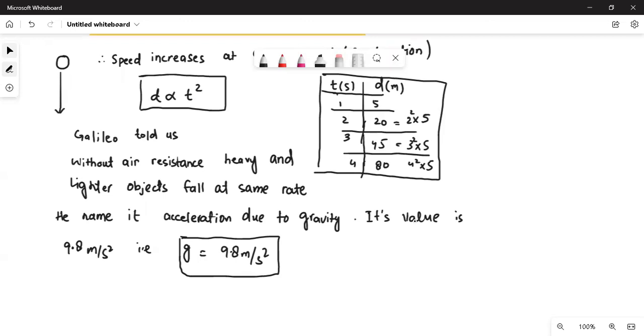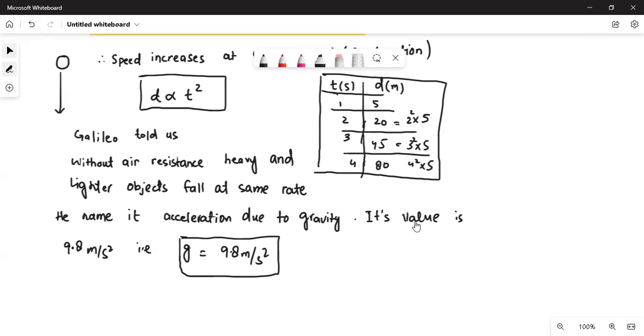When something is falling toward the earth, speed increases with a constant rate, that is 9.8 meter per second in 1 second. It will continuously increase until a certain level, at which it will stop increasing. So there is a limit. That limit is called terminal velocity or terminal speed.